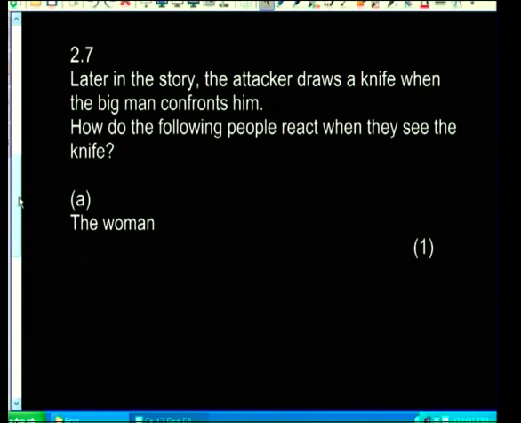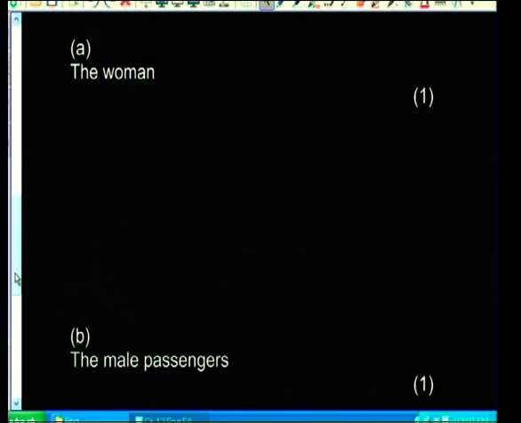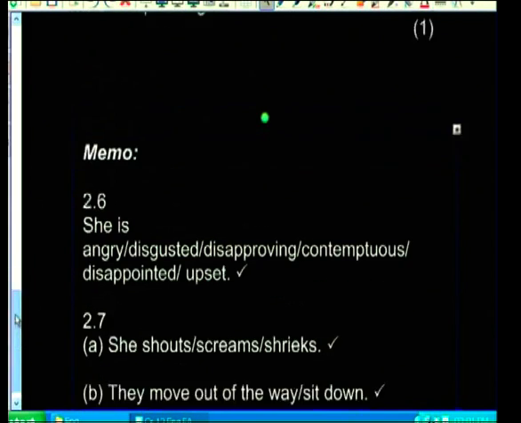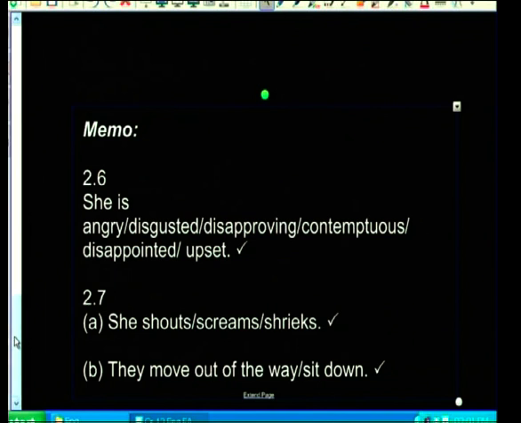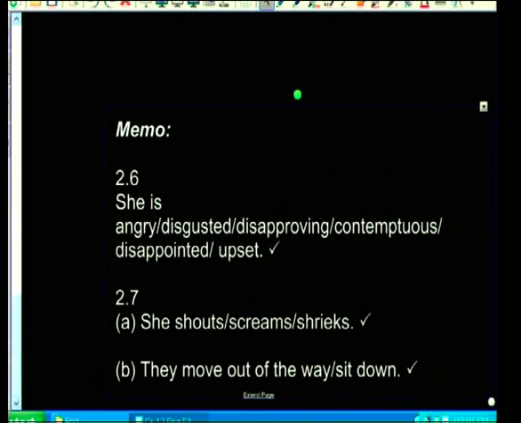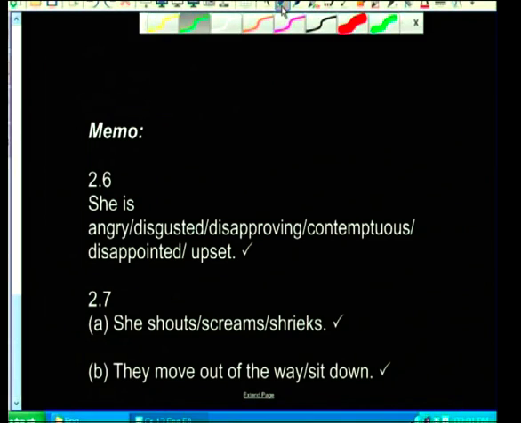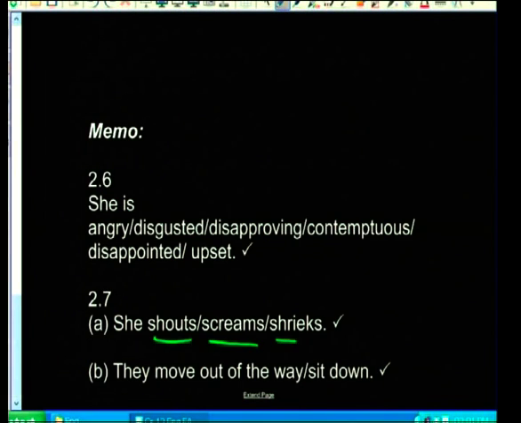Later in the story, the attacker draws a knife when the big man confronts him. How do the following people react when they see the knife? So we get different reactions from different people. The woman was a very central figure in the story. How does she react? Let us look at it, and then the male passengers react differently as well. She shouts, she screams, or she shrieks.